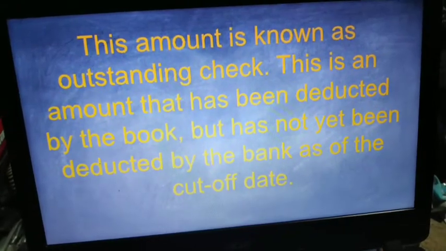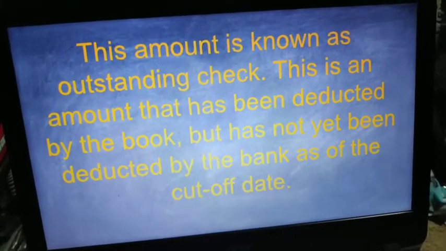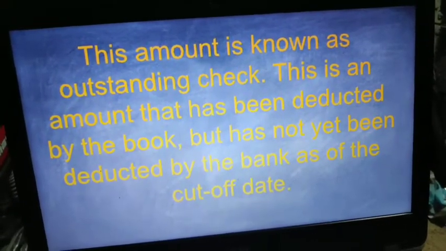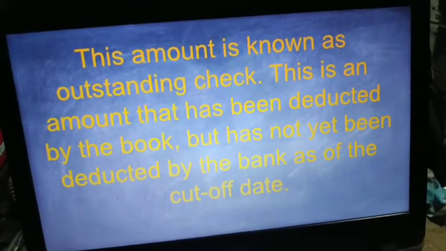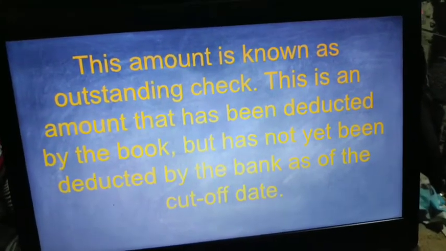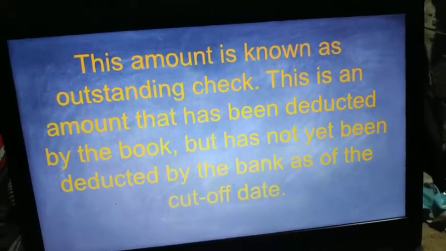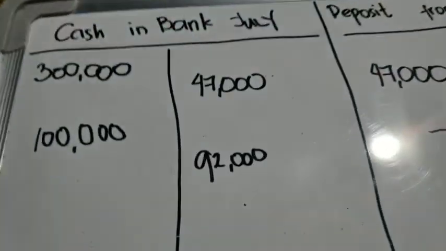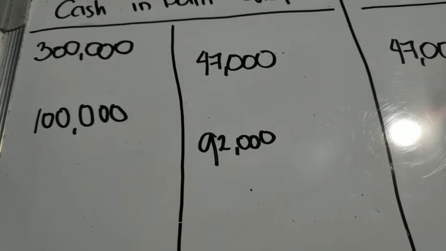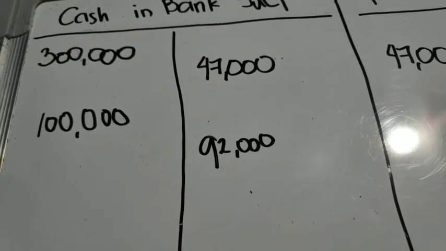This is an amount that had been deducted by the book but has not yet been deducted by the bank as of the cut-off date. So, duha na ato ang nabalaan, no? The deposit in transit and the outstanding check. Okay. So, this 92,000 is an outstanding check. The 100,000 is a deposit in transit.